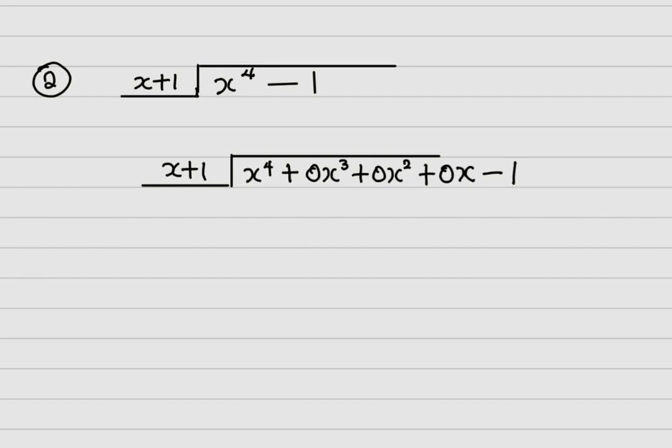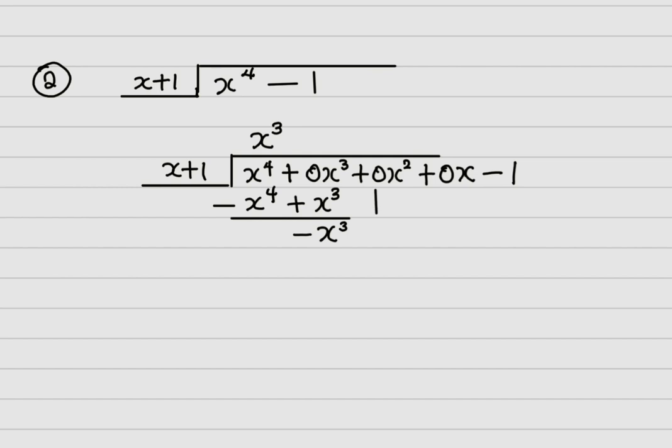So I'm going to start. Now, the factor here that can multiply x to give me x raised to power 4 is x cubed. It's as simple as that. So x cubed times x, you have x raised to power 4. Then x cubed times 1 becomes plus what? x cubed. Now, once I have this, I will subtract just as I did in the first question. So on subtracting, here I'm going to have minus x cubed.